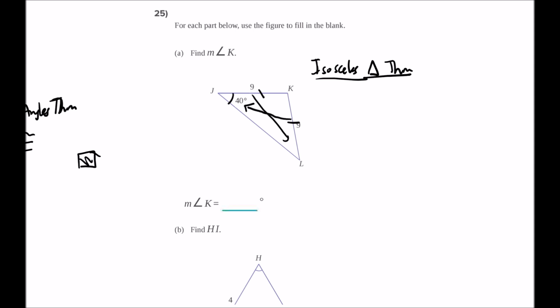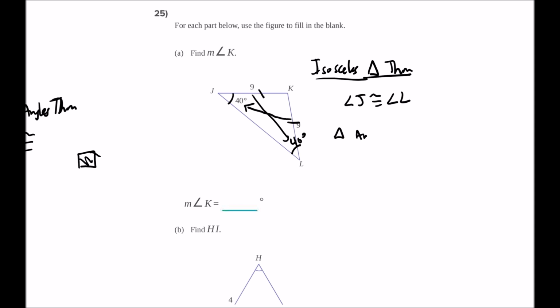That means this and angle L have to be the same. That means this has to be 40 degrees as well. Okay? So by the isosceles triangle theorem, angle J is congruent to angle L. Okay, so those are both 40.